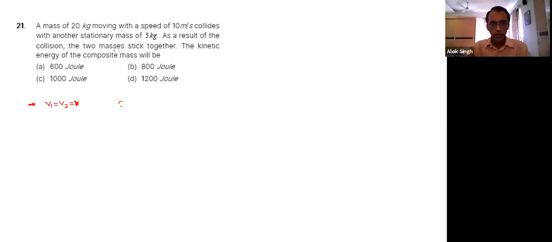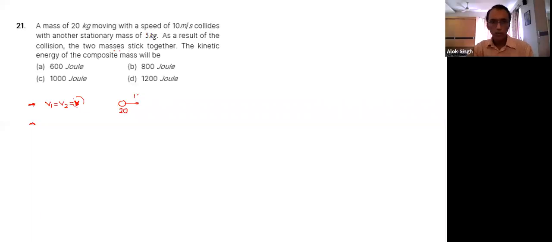So it is something like this. If this is a 20 kg object, the first point is that sticking together means both will have a common velocity. The question is, how do I find the common velocity? Which principle do I need to apply to find the common velocity here, Gayatri? Let's say this is a 20 kg mass moving at the speed of 10 meters per second.